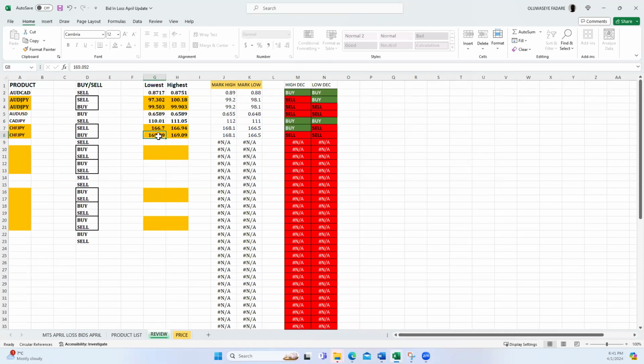But if the price should go to 169.09, then we'll start buying from that point on. Currently the market price is between 168.1 and 166.5, and the current trend is a sell.